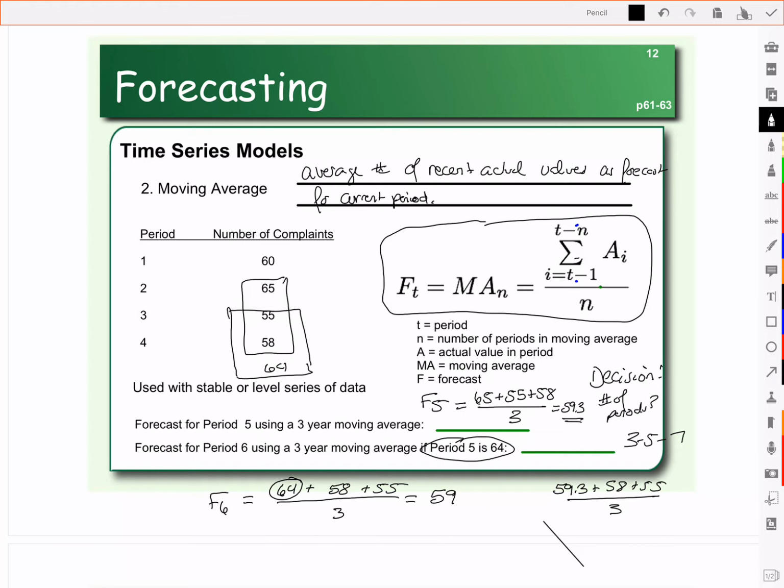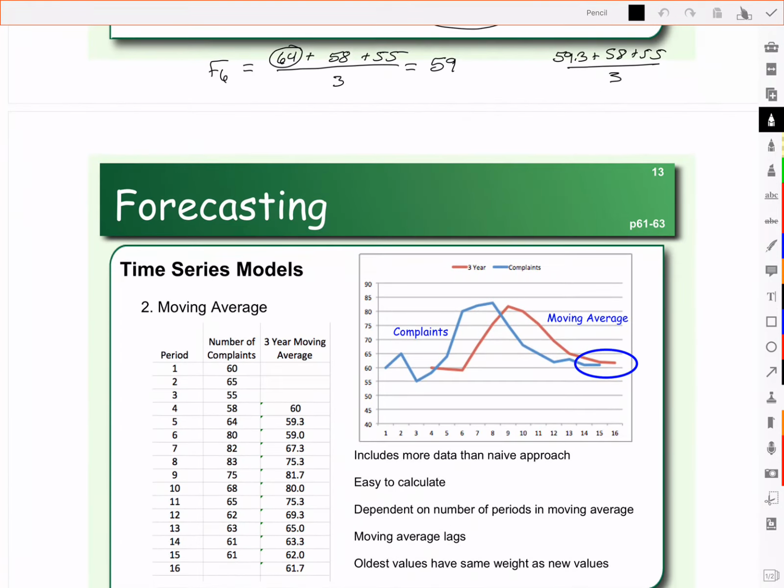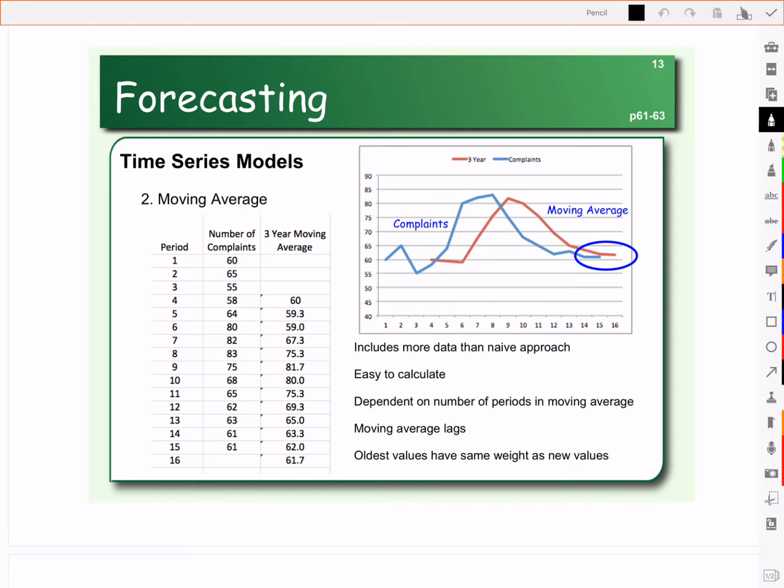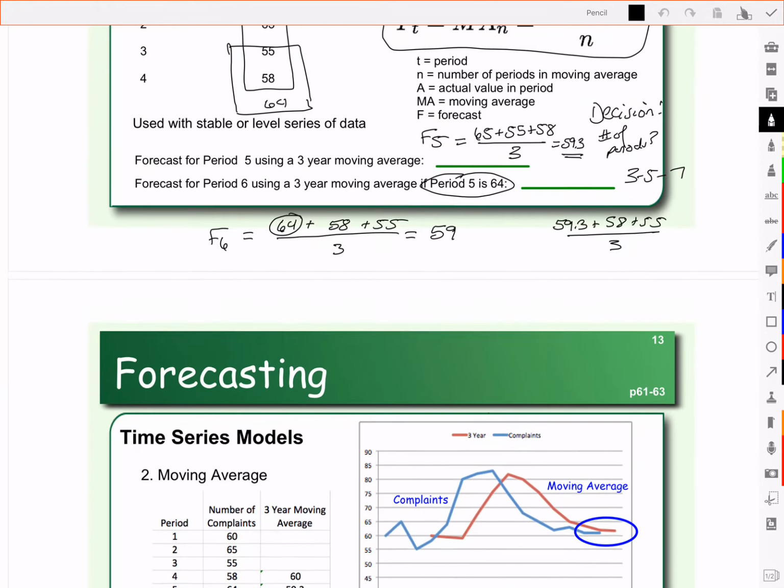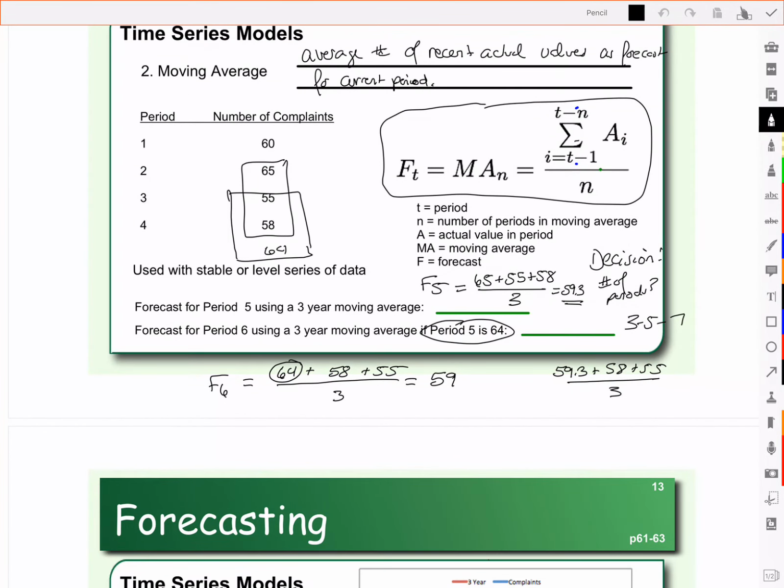Now, we chose a 3-year moving average in this example, but you don't have to. You could choose a different number of periods. So for example, we could do a 5-year moving average for period 6, in which case we use the previous 5 years.